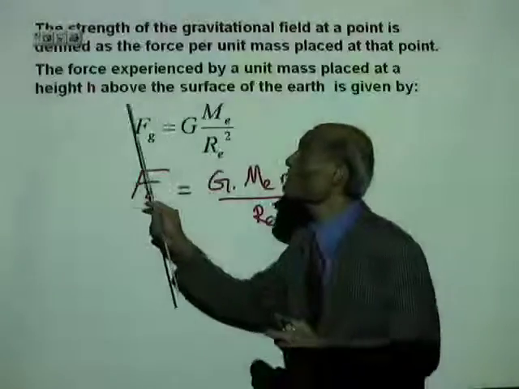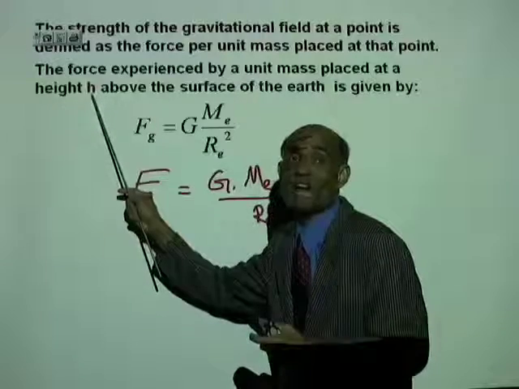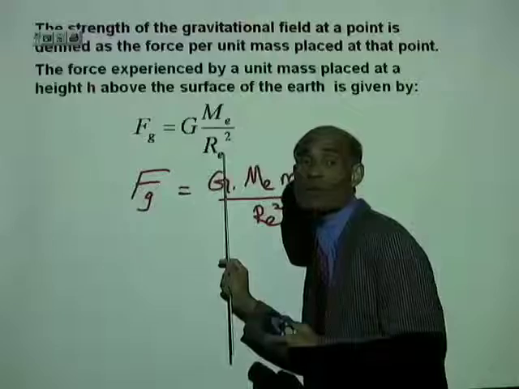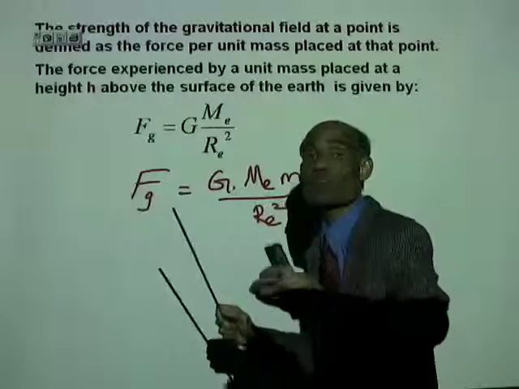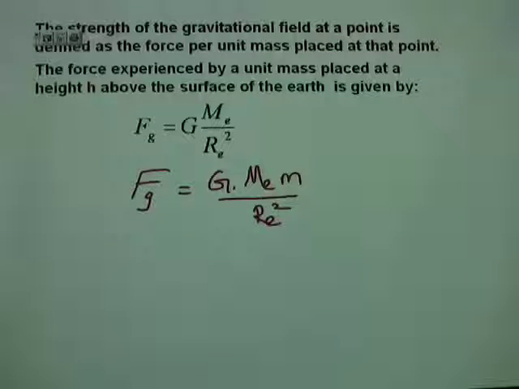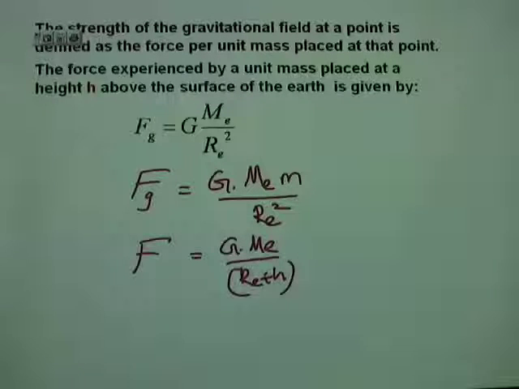If you now want to find the gravitational field at an altitude h, replace this Re by Re plus h. Is that right? Yes. So the force field at a distance h will then be G Me over Re plus h all squared.